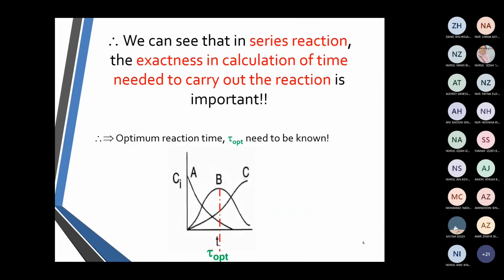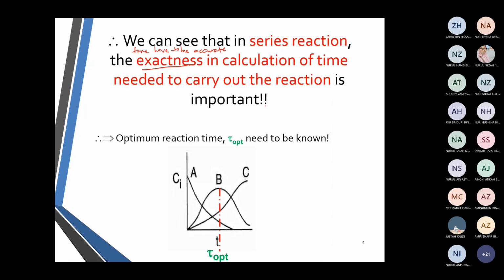Okay, so we can see in series reactions, the exactness, ataupun kita panggil dia time, that have to be accurate lah, ataupun tepat lah, tepat. In calculation of time needed to carry out the reaction is important.